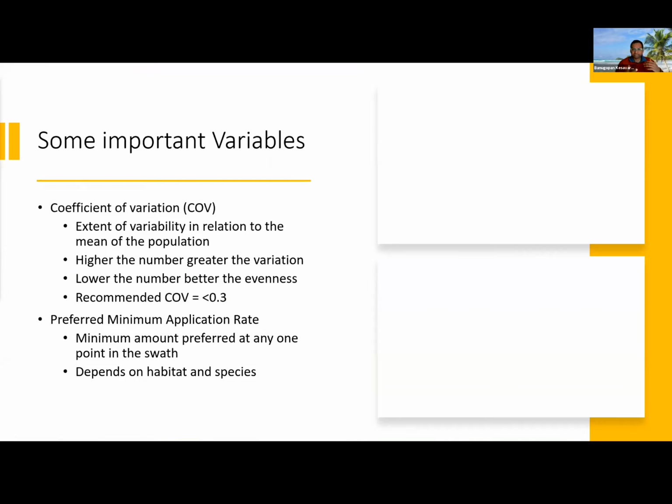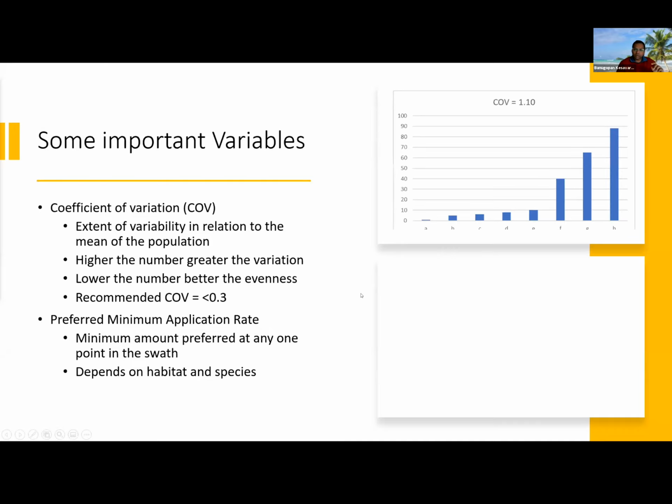There's a lot of statistical jargon to it, but it's on Wikipedia. So if you search coefficient of variation, you'll get that. But in a nutshell, you might get a mean or an average for whatever you're doing. But does that average represent the whole population, or does it represent only a small portion of the population? So let's take one scenario here.